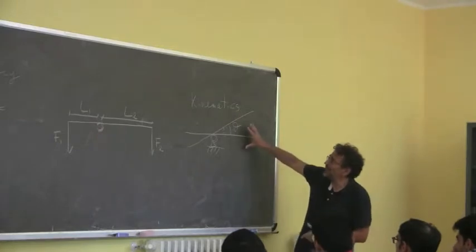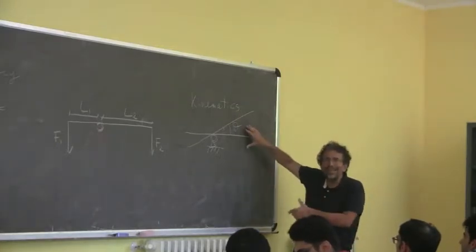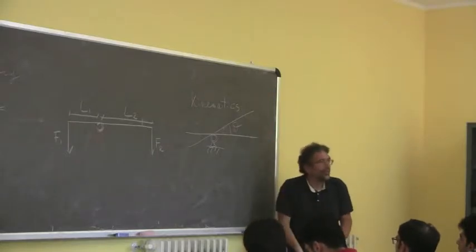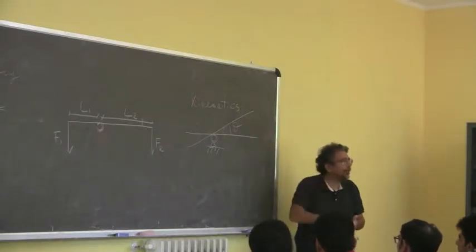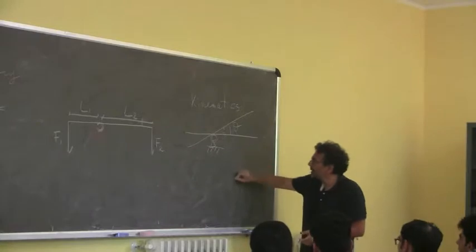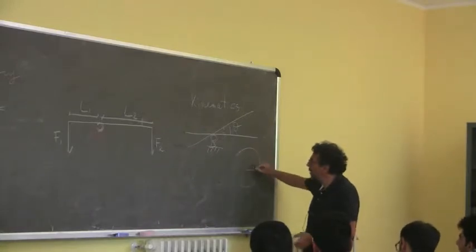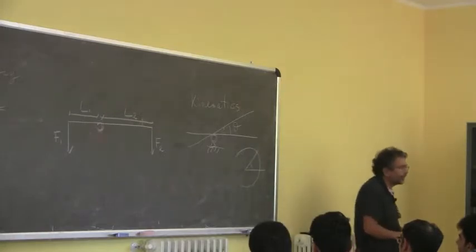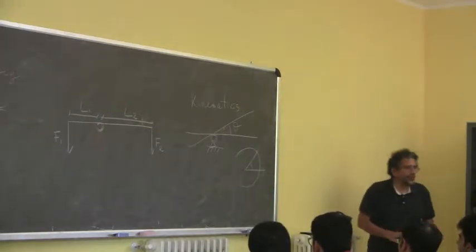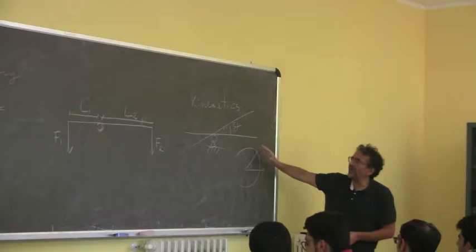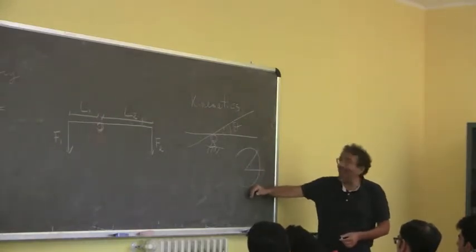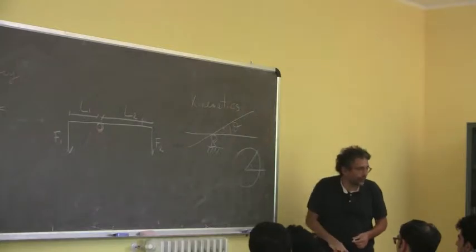The state of the system is mathematically modeled by the angle theta, and the space of configuration is a circle. Because when you know the angle theta, you know the configuration of your system. So you have a one-to-one correspondence between the points on a circle and the configuration of your lever.